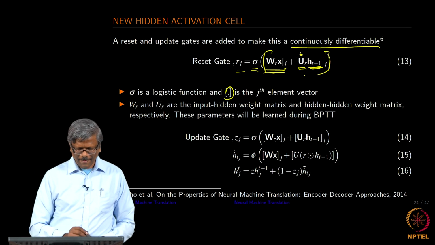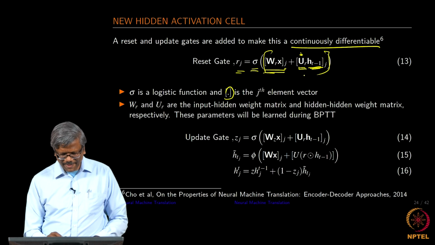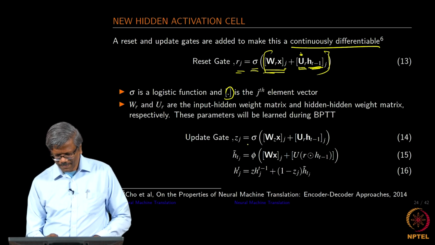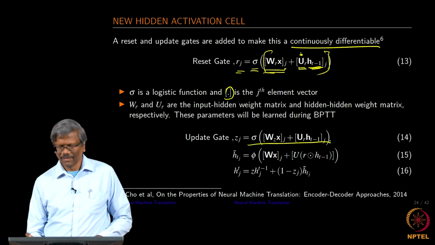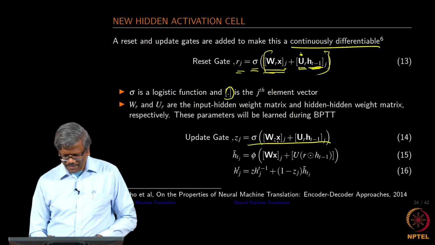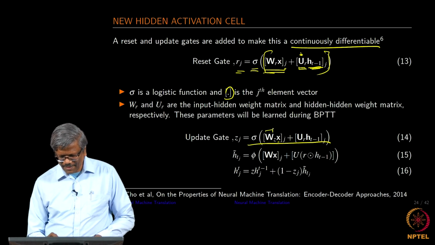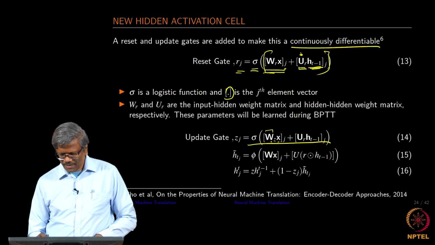In the same way, we can get the update gate value as this. Okay, again there is a sigmoidal. There is a weight connecting the input and the update gate, and then again this is the same that we had seen here, okay.